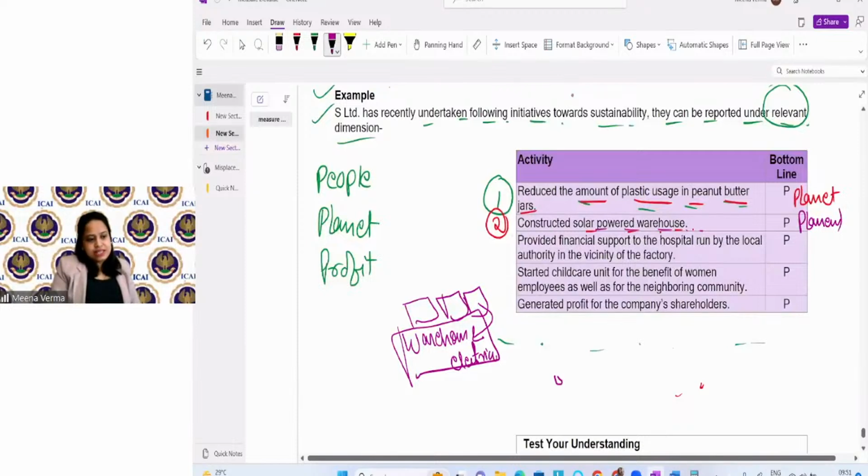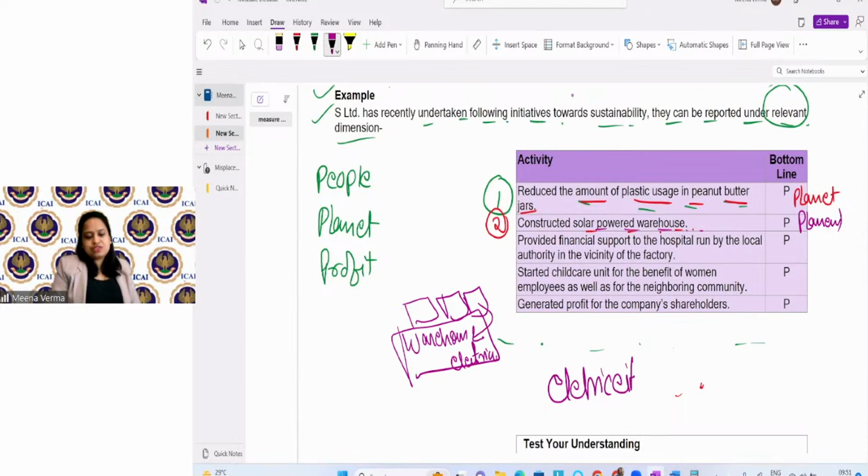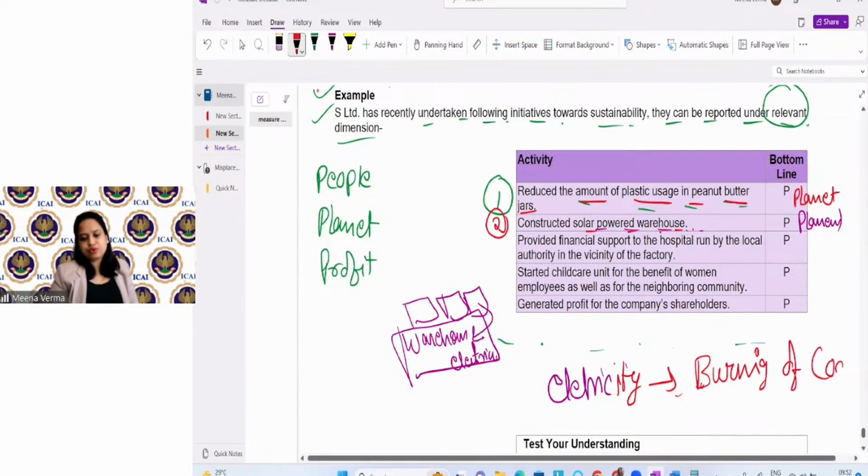Because even in the case of India, let me tell you, I'm talking about India. In India, though you can say electricity is a clean fuel and does not do any air pollution, we generate electricity by burning coal.